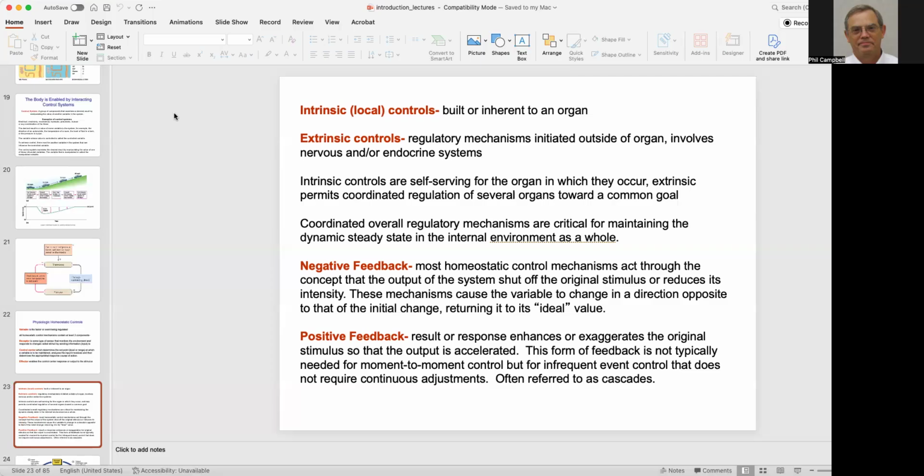Okay? So that is the way I want you to think about negative and positive feedback. Negative feedback maintains a physiological state, normal blood pressure. Positive feedback allows you to go from one physiological state to the next.